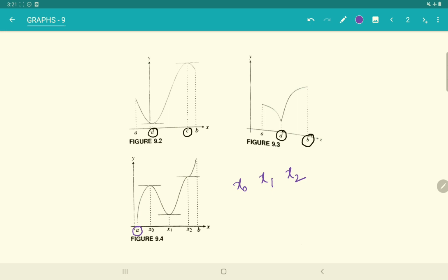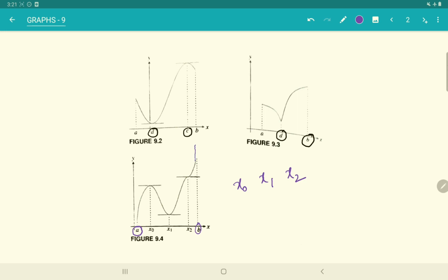But I can't say that the function has any maximum value, because as x approaches this b, the function is actually approaching infinity. You can see that it is approaching like this.